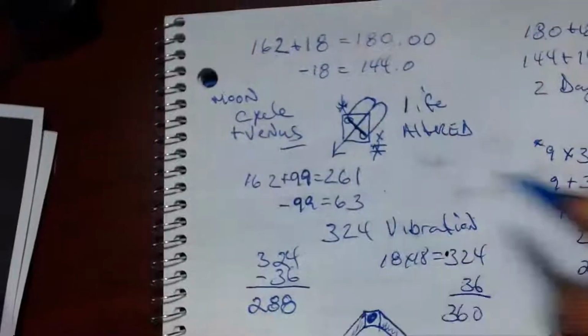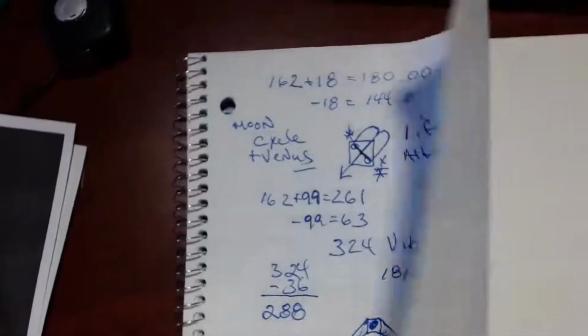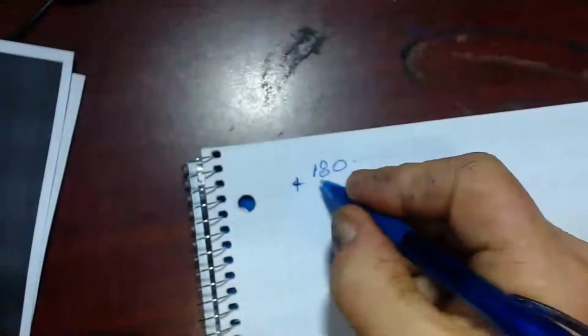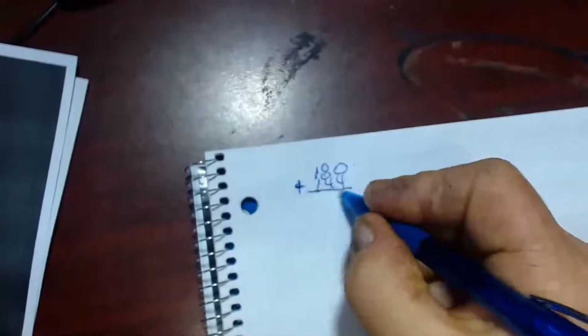So I have to take this situation here and turn the page. And it was telling me 180 plus 144 equals 324.